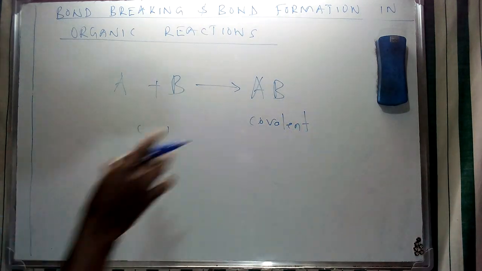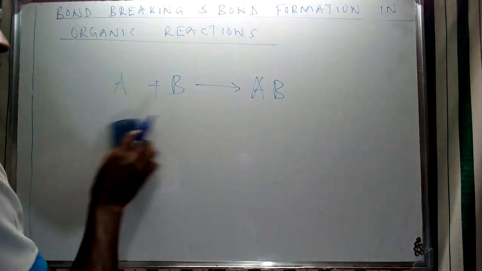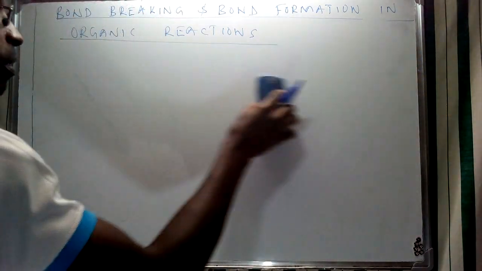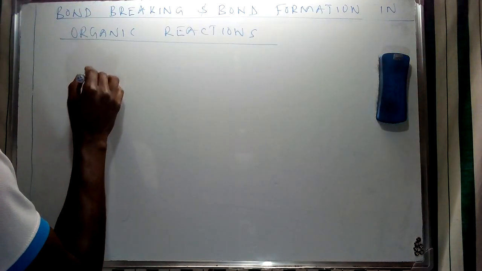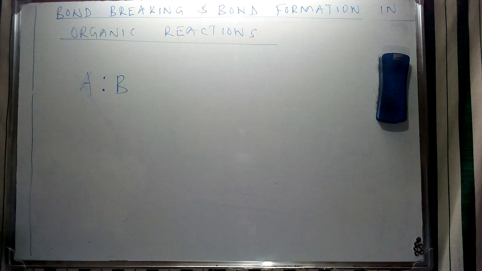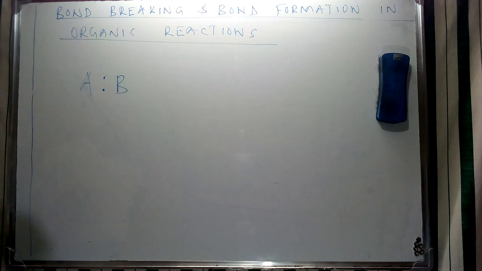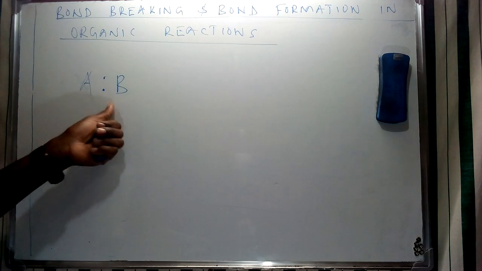It's going to bond covalently with the other compounds. So for our general case, we'll assume that this is a covalently bonded compound that is going to result from the interaction of A and B, which is going to have a pair of electrons that is being shared between these two reacting species to form this specific compound AB.